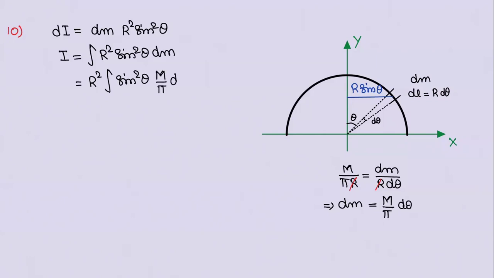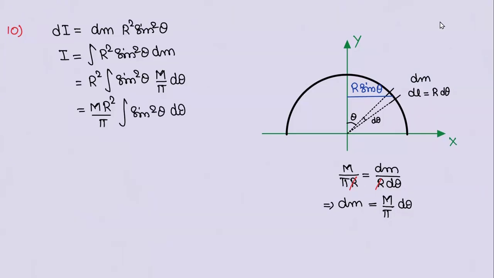If I take m by pi out, m r square by pi integral sine square theta d theta. Now we can't integrate sine square theta directly. What we do is take the identity: 1 minus cos 2 theta by 2 is equal to sine square theta. We use this identity.